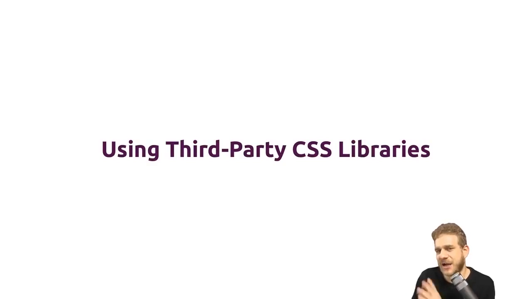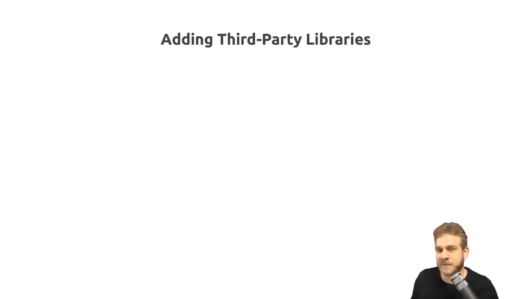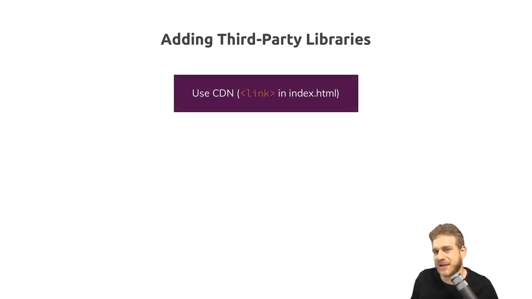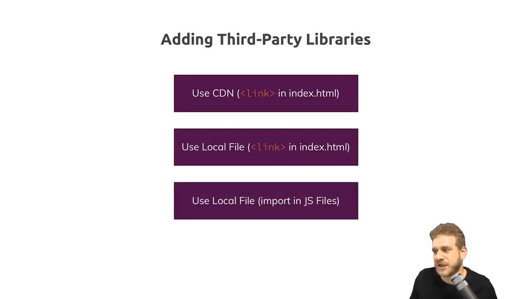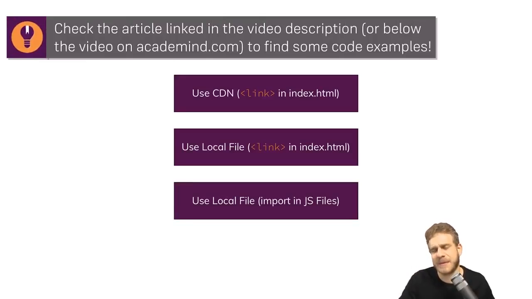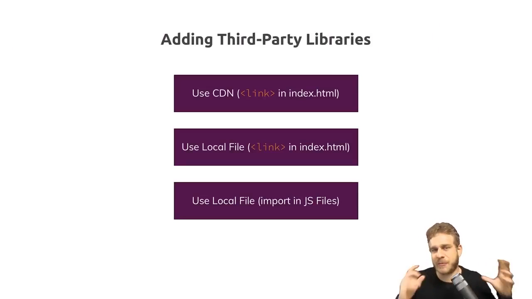Speaking of CSS, how can you use third-party CSS libraries? It's actually pretty simple. You can add a CDN link in index.html, or a link in index.html to a local file, of course. Or you use a local file, and in most workflows, you can import that into your JavaScript files, even though it's a CSS file. Most React setups, like the one you get with Create React App, support imports of CSS files, which behind the scenes will of course not be mixed with your JavaScript code, but will be kept separate.